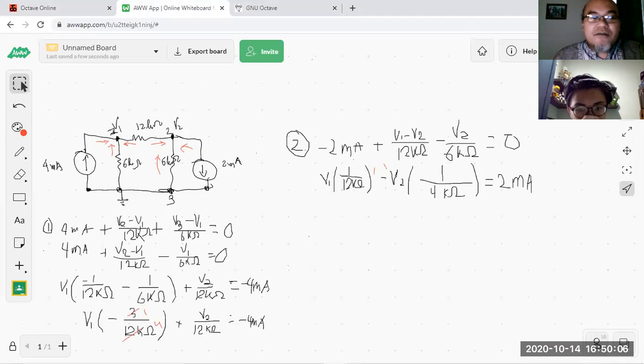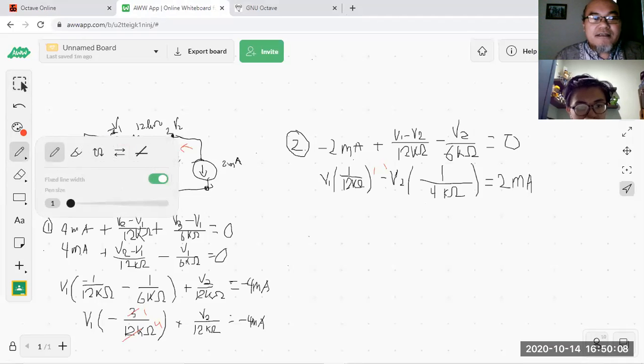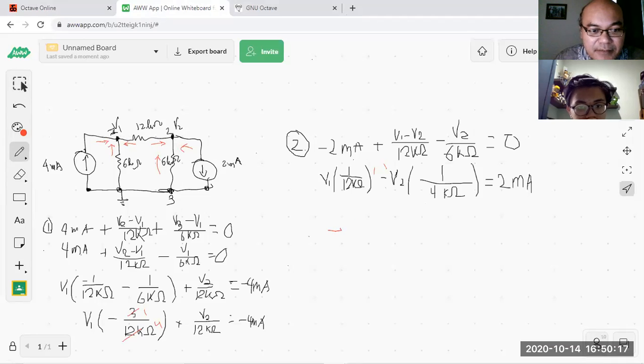So if we write down the equation together, this becomes -3 -1 over 4 kilo ohm, right? Correct me if I'm wrong.